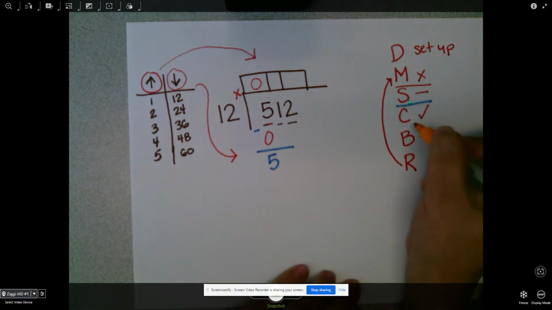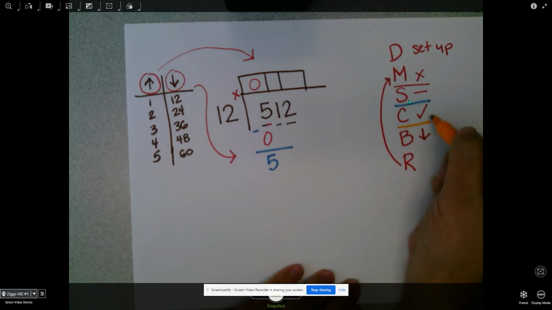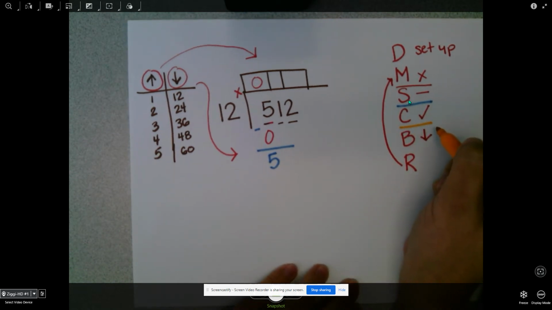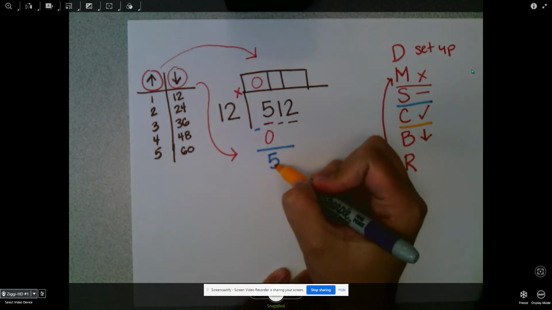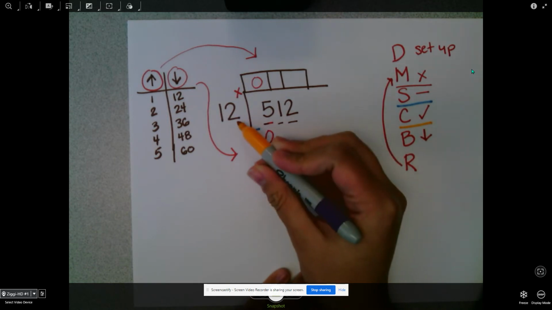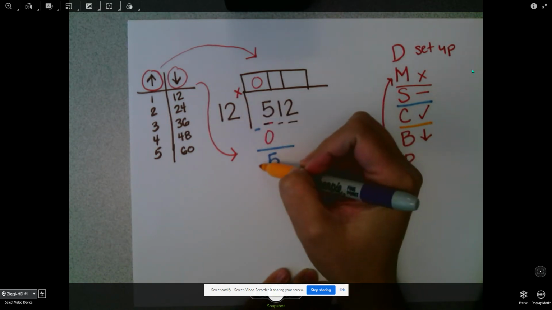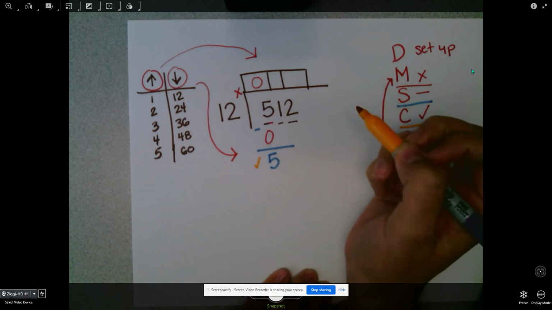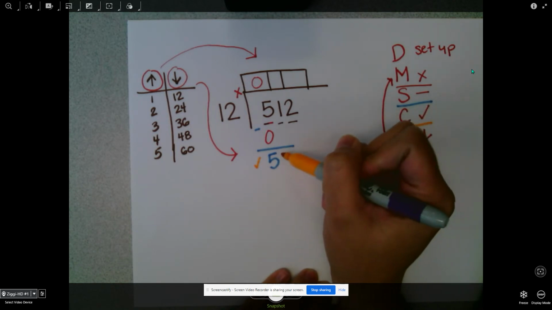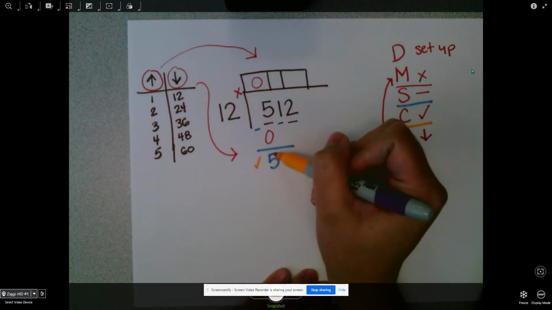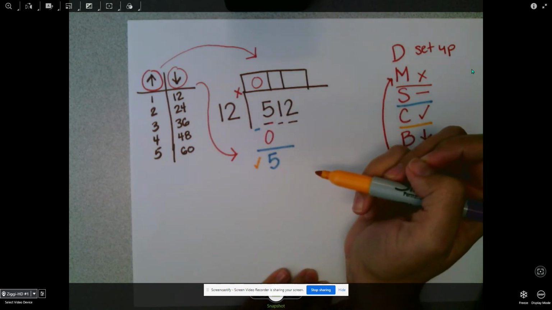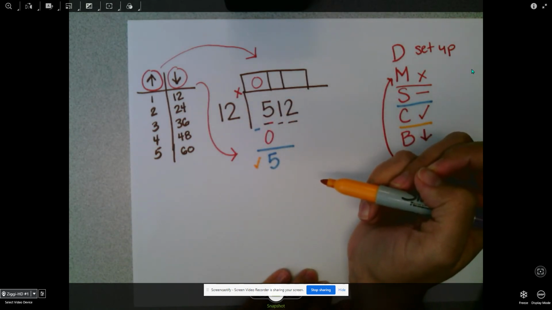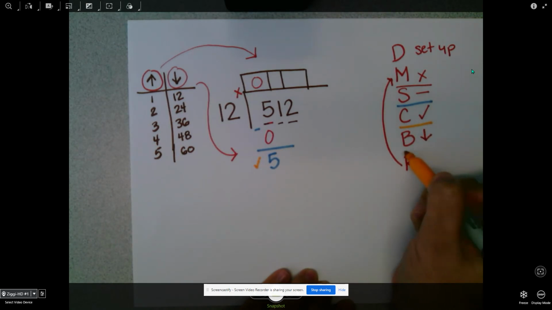Actually, it's to check. I added this step because I need to make sure that my remainder is less than my divisor. So is 5 less than 12? Yes, so I can keep going. If it is less, then I can keep going. If at any point my remainder is bigger than my divisor, then I have to check something and fix it because it's wrong. Okay, so I check, now I'm going to bring down.